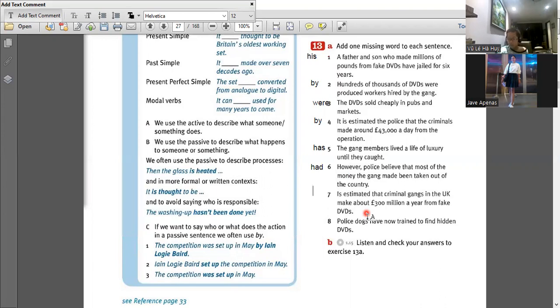You're going to look for the verb there first and then put the correct word.